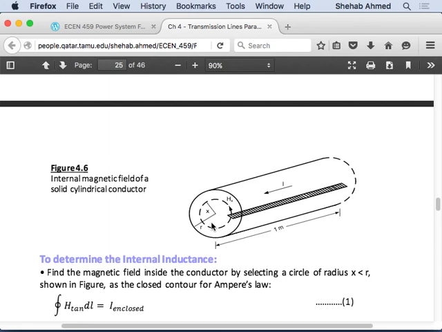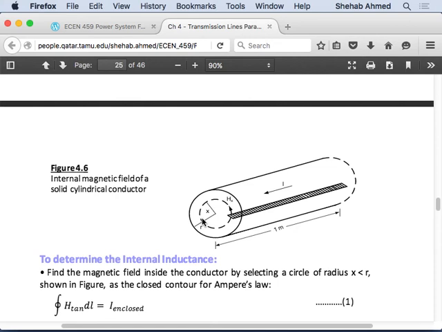And because we said that the current density is uniform, the relationship between the total current I and the current flowing in a smaller area of the conductor is the ratio of the areas. Only because I said that the current density is uniform. So the current is distributed uniformly across the area, right? So if I take a smaller area, then the ratio between the currents I and Ix is the ratio between the areas.